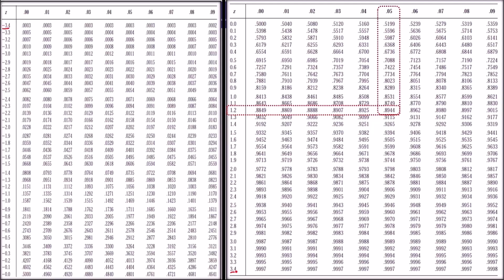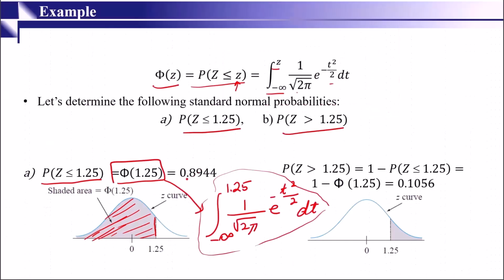In the rows, you can see the integer part and 1 decimal point, and in the columns, you can see up to 2 decimal points. For example, I want to find the value for 1.25. So I will find 1.2 here and 0.05 here. So I will come to this value, right? So the area is equal to 0.8944. It means the area of this shaded area is 0.8944.